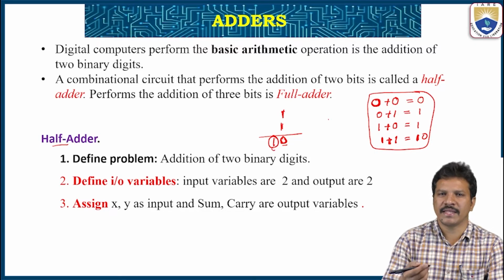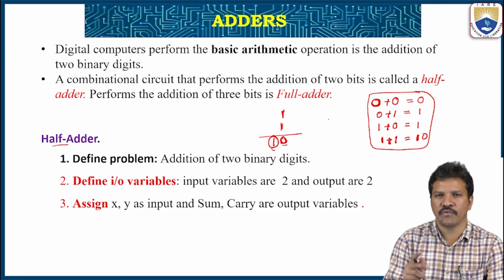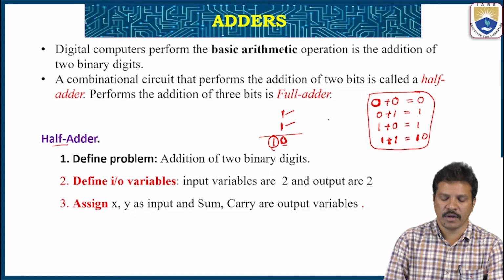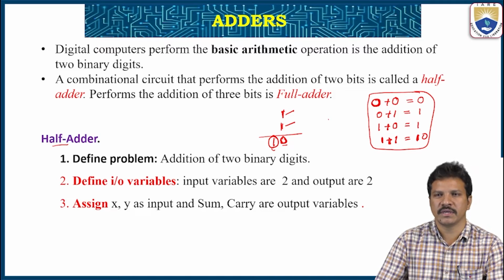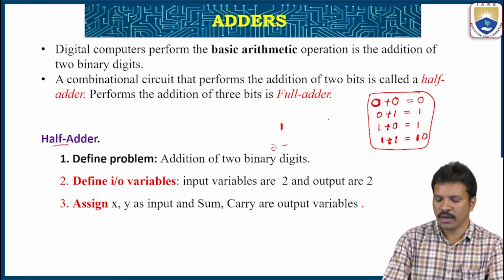In order to represent that extra bit also, we require two outputs, and already we are giving two binary digits, two binary numbers, so it requires two inputs. So, according to the second point, defining input and output variables: how many inputs are required, how many outputs are required. In the half adder, we require 2 bits.